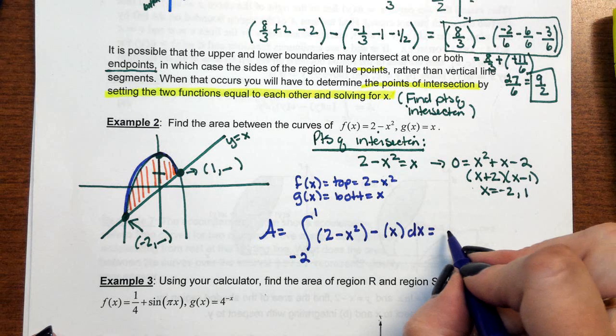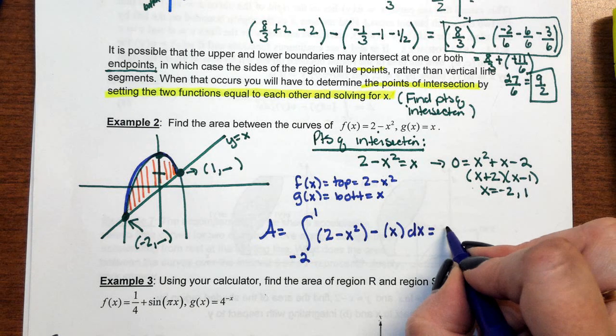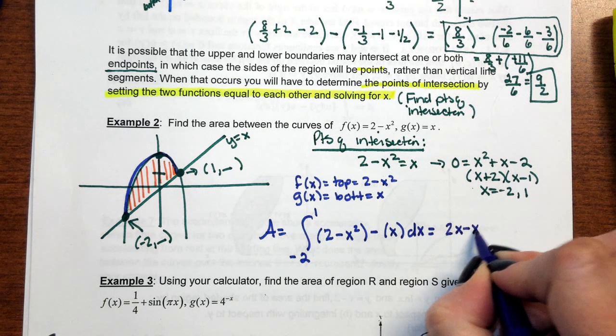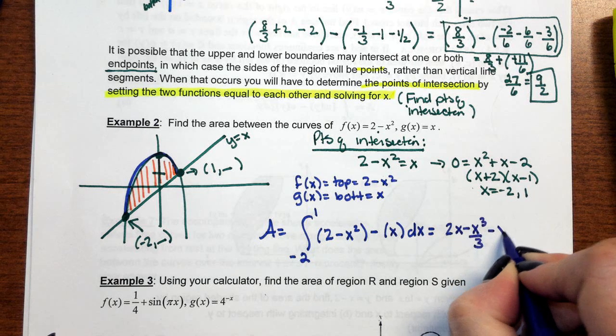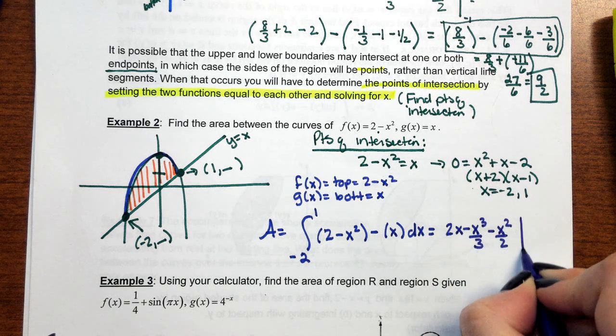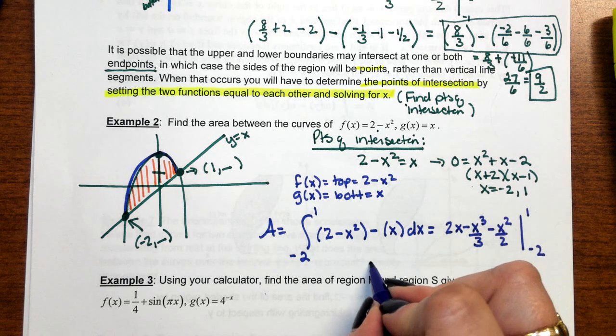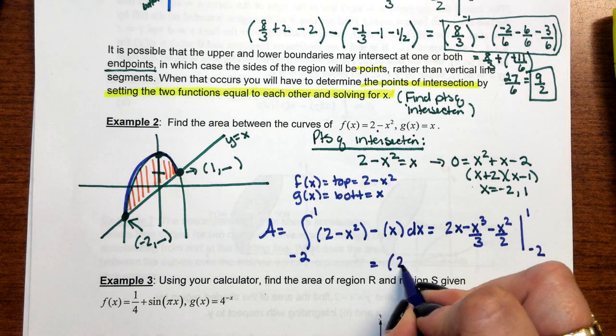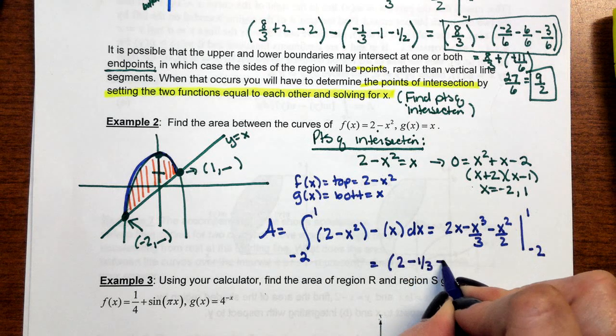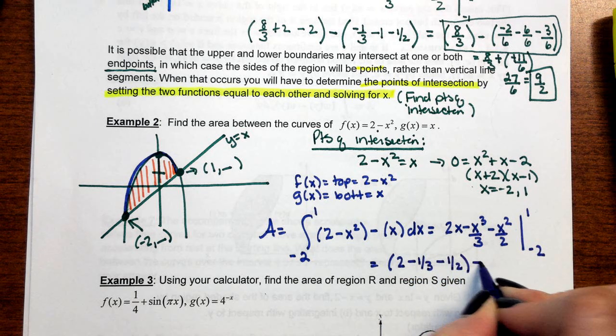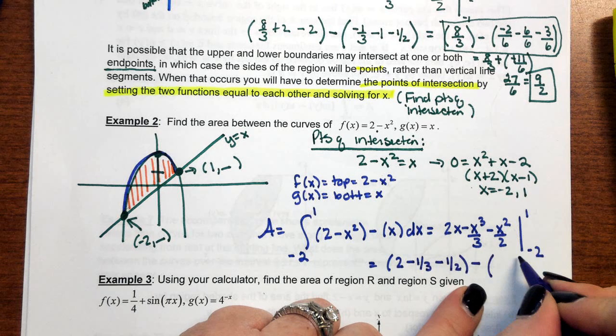So again, I'm going to integrate. That's going to give me 2x minus x to the third over 3 minus x squared over 2. And again, I'm going to evaluate this from negative 2 to 1. So I'll plug in my upper bound, so that's 2 minus 1/3 minus 1/2. Minus, plug in your lower bound of negative 2.